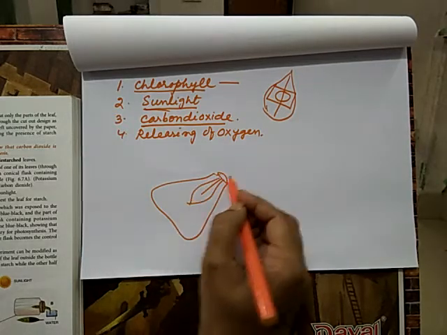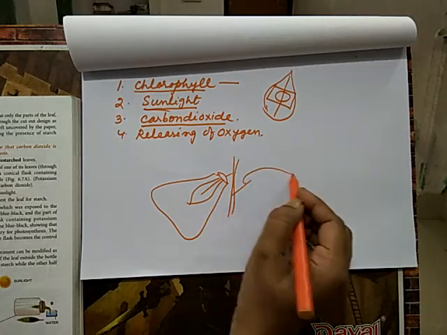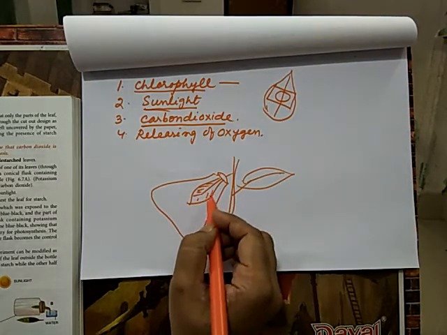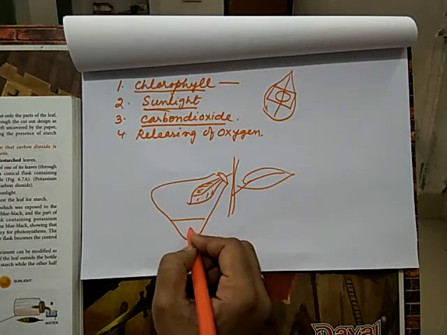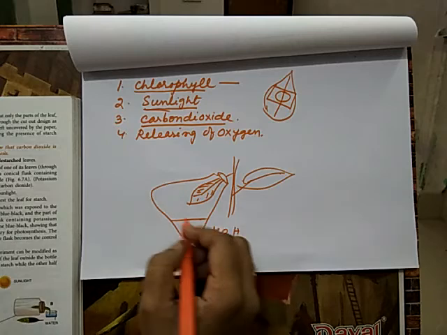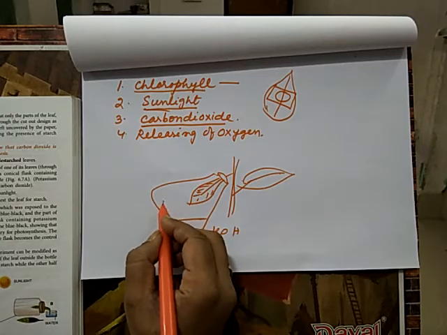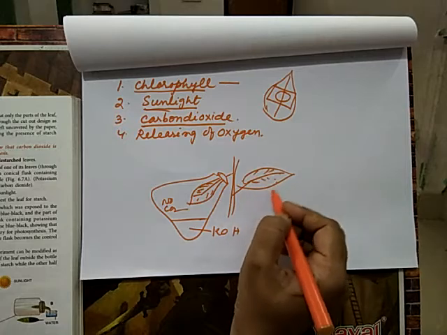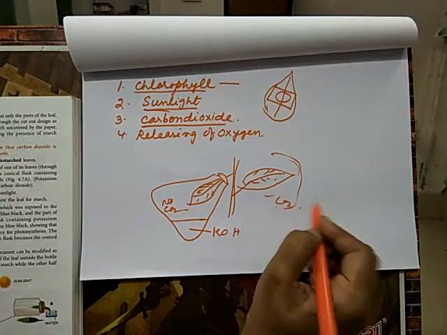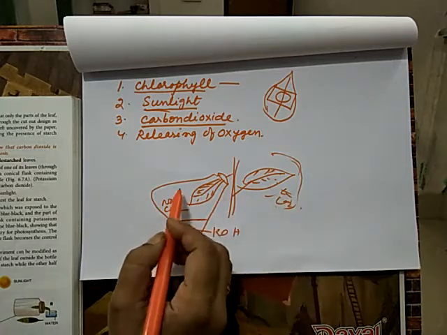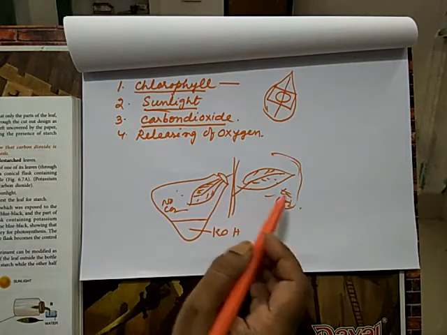In the flask we use KOH, potassium hydroxide, which completely absorbs the carbon dioxide, so there is no carbon dioxide there. The leaf outside contains carbon dioxide and is the normal control.